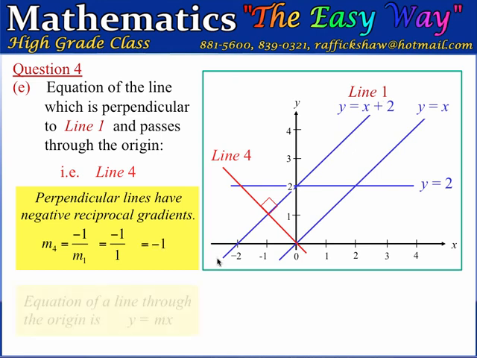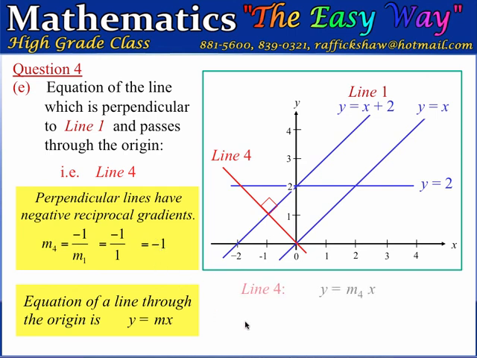And we also know that the equation of a line through the origin, as I have said, is of the form y equals mx, because the c value would be equal to 0. And we now know that the gradient of line 4 is equal to negative 1, and we can therefore show that line 4 would be of the form y equals m4 x, gradient of line 4 multiplied by x.